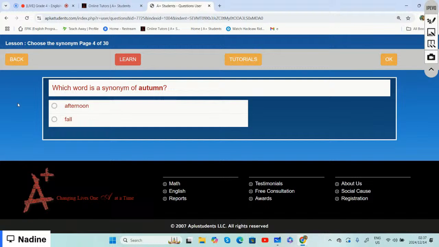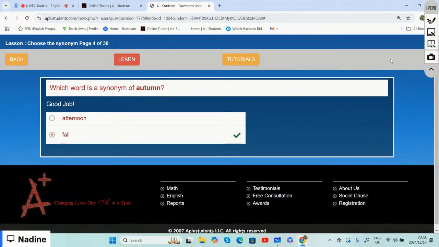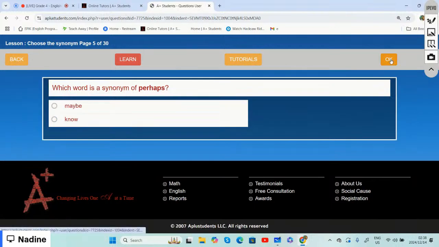So autumn. All right. And another word for autumn, right? We would say it is fall. Well done. Fall is correct.